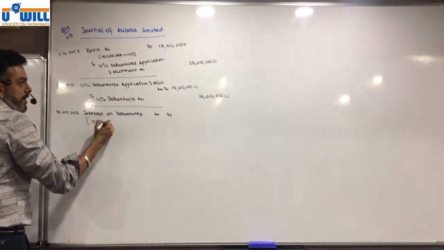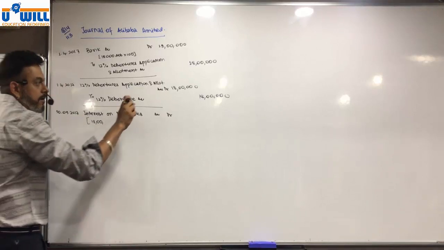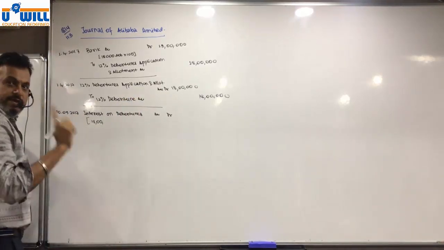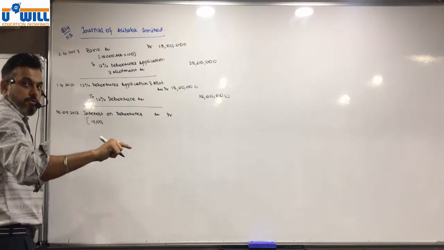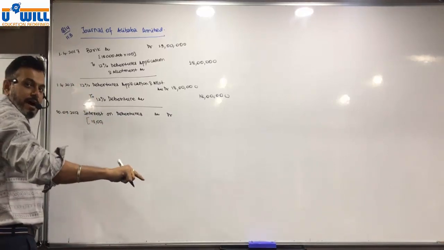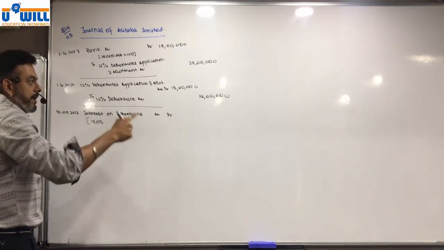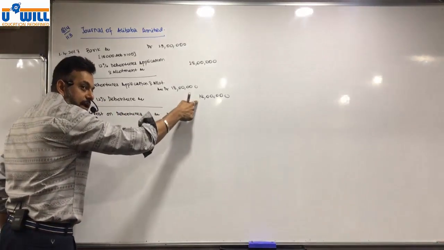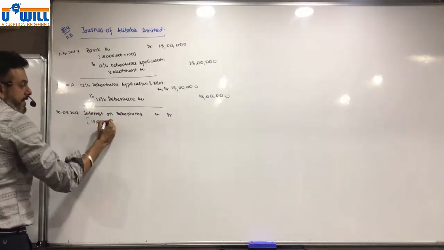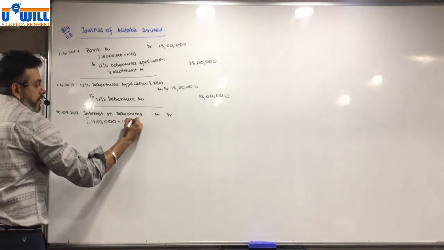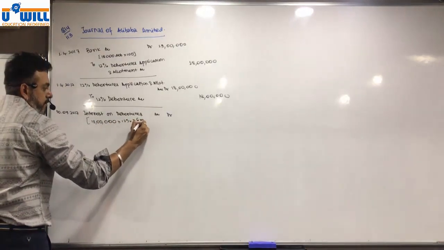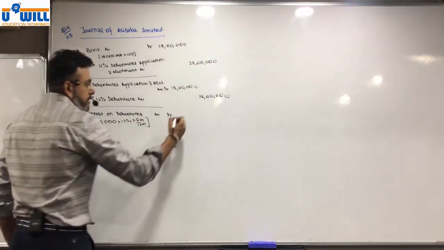Interest will be calculated always on the face value. Okay, please remember this. Whether issued at par, at discount, or at a premium, interest is always on the face value. So 18 lakhs into 12% for 6 months. 1,08,000.